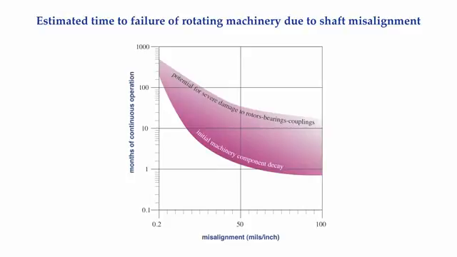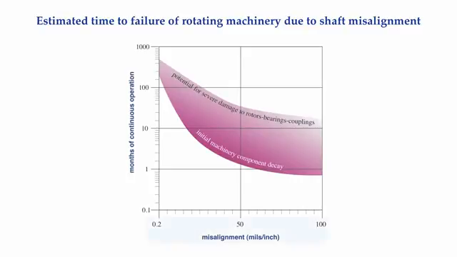After collecting failure information on hundreds of drive systems over the past several decades and examining the amount of misalignment that the machinery had been subjected to operate with, the estimated time to failure graph shows the relationship between the amount of misalignment our drive systems are subjected to and the rate of decay from the point where you begin to first see the signs of damage and wear to the point where a catastrophic failure is likely to occur.